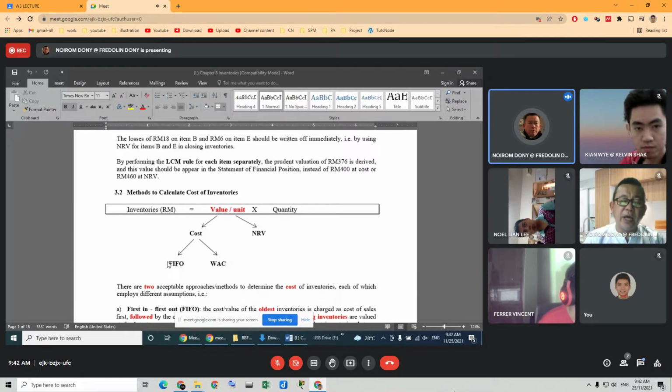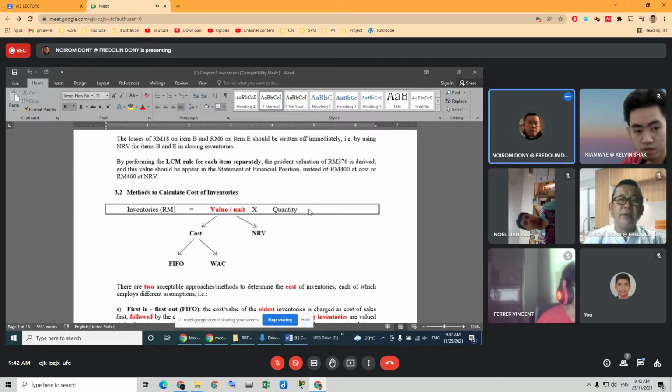If they selected first in, first out, at the end of the calculation you will have one value for the inventory and you compare it with the net realizable value. Then you select which one is lower. If the first in, first out cost is lower, then use that as the value for the inventory and times it with the quantity.